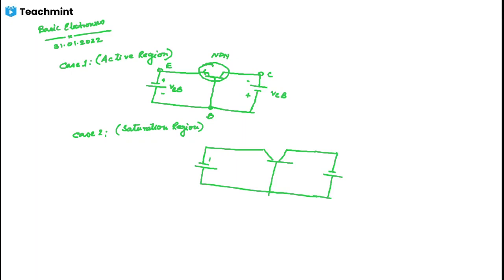So this is plus, this is minus, VEB. This is plus, this is minus, VCB. This is the emitter. This is the collector. And this is the base.